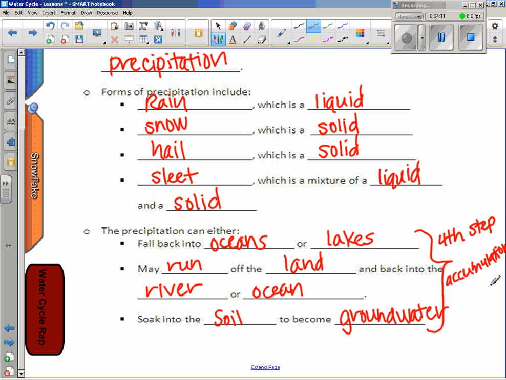Now we need to learn the precipitation cheer, so that way you know how to spell precipitation correctly. A lot of times I've seen on your papers and as you're working through your biome project that precipitation was misspelled. So let's do the precipitation cheer. Repeat after me. You have to say P-R-E-C-I-P-I-T-A-T-I-O-N. And then you would do your form of precipitation.